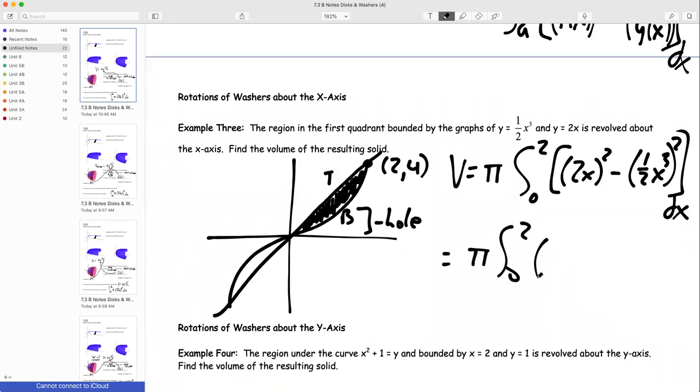I could write this as 4x squared minus 1/4 x to the 6th, squaring both of those functions. Although if it's calculator, you certainly don't have to. And I put that into my calculator.